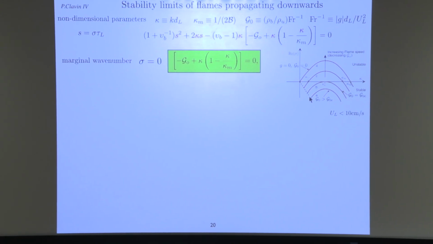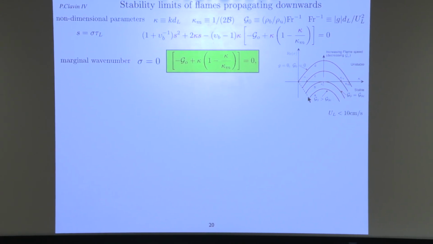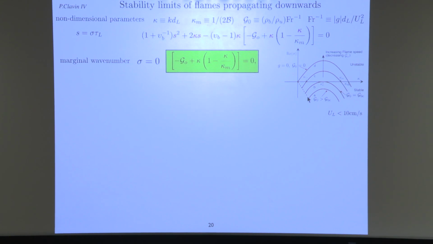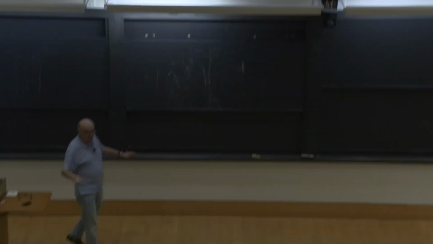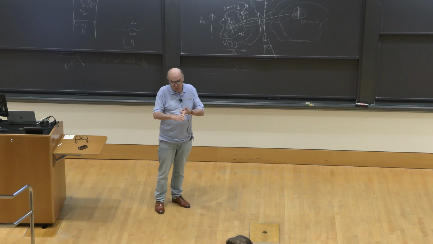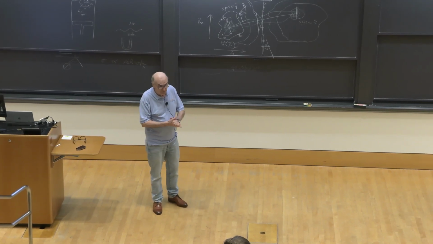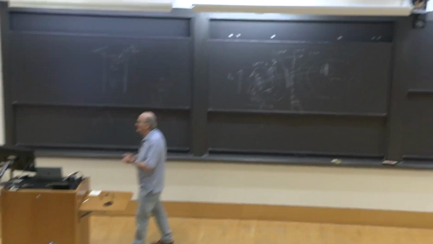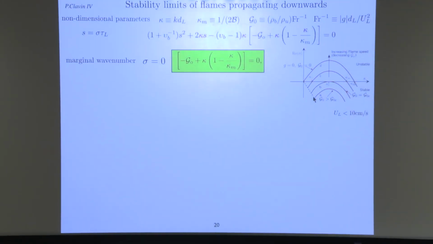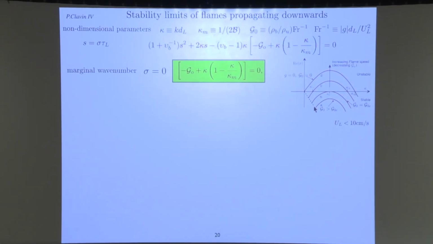The flame is intrinsically stable. It kills the Darrieus-Landau instability. Gravity plus curvature kill completely the hydrodynamical instability of the flame. But this requires a very small flame velocity propagating downward.